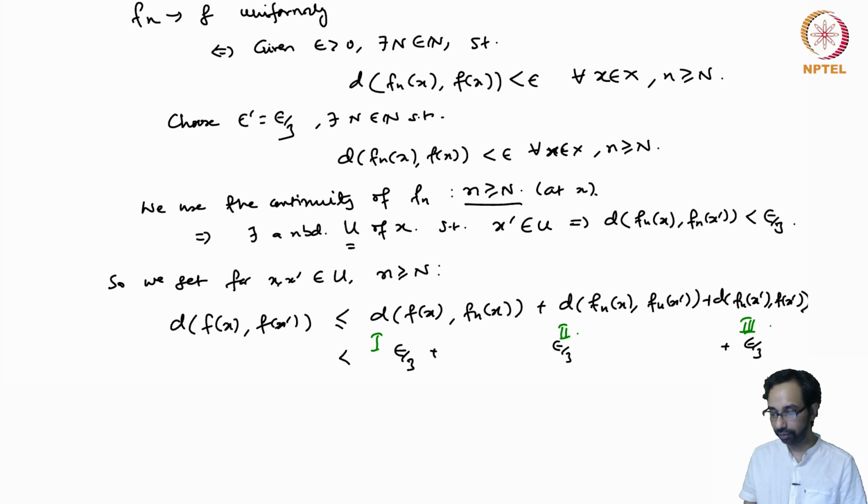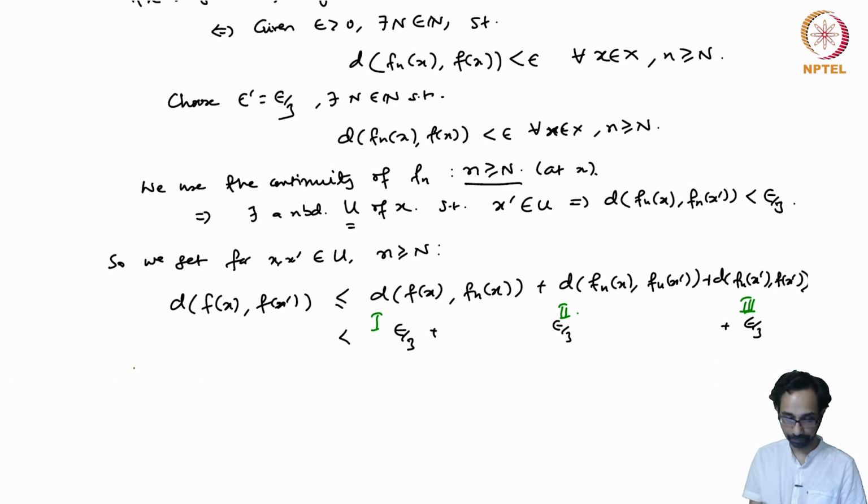Terms 1 and 3 were less than epsilon by 3 due to the uniform convergence, and the second one is because of the continuity of all functions f_n, and therefore we get the continuity of f. So this means that f is continuous.